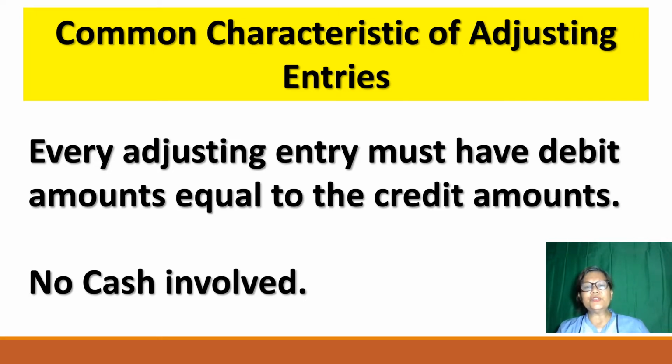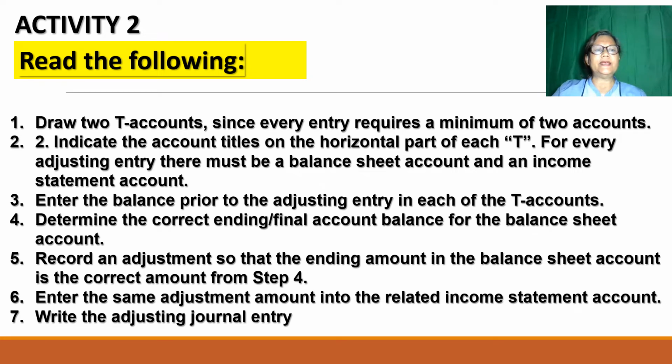We are not using the account cash in adjusting entries, except sometimes in the bank reconciliation statement. But it is for booking purposes only. There's no actual cash transaction in adjusting entries. Okay, will you please read the following items 1 to 7?